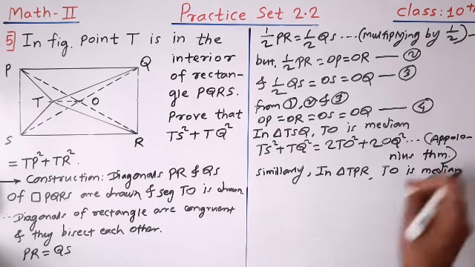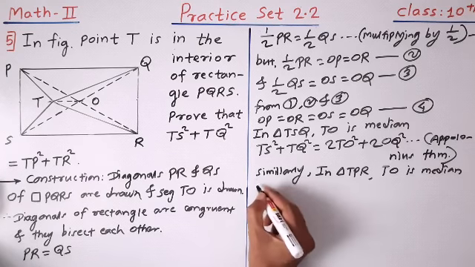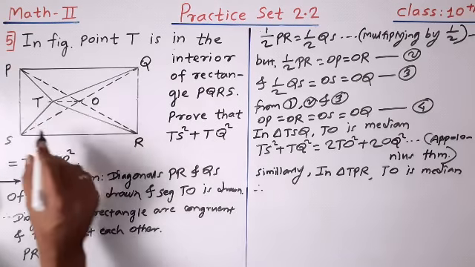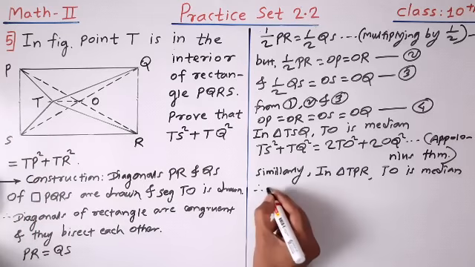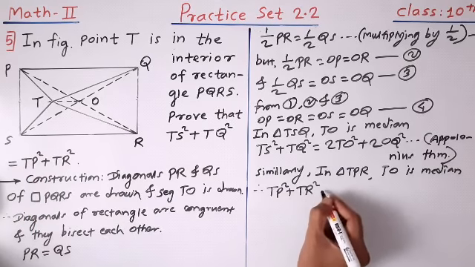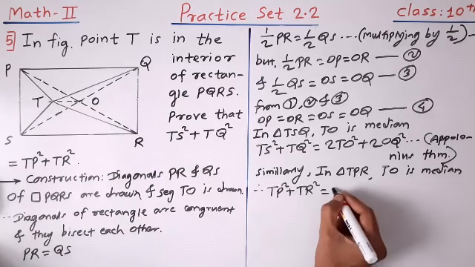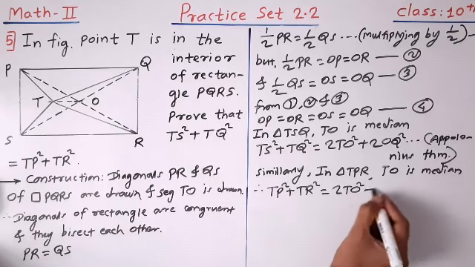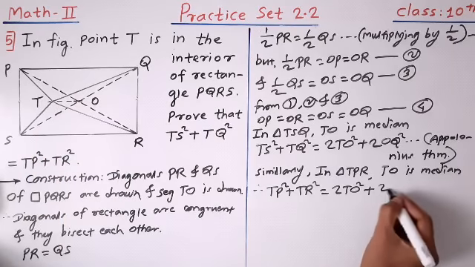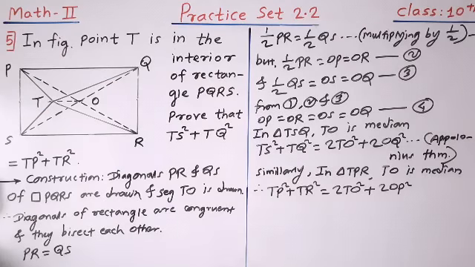But we are not going to write the reason because we are writing similarly here. So, in triangle TPR, applying Apollonius, TP square plus TR square is equal to 2 times median square, means 2 times TO square plus 2 times OP square. In place of OP square, you can write OR square also.